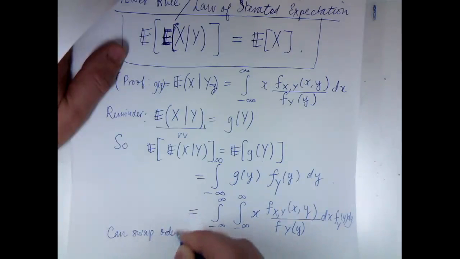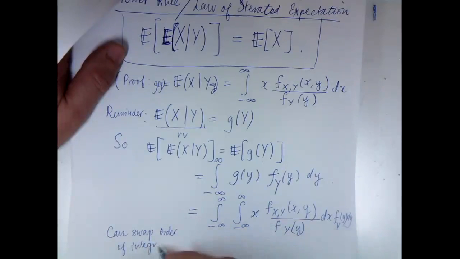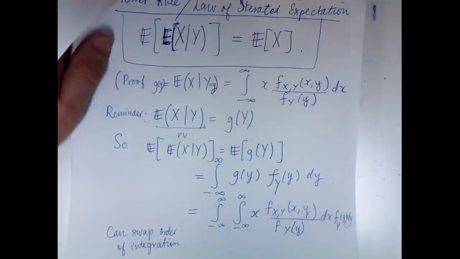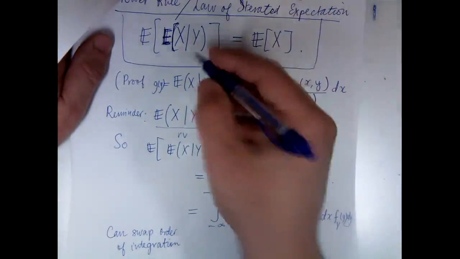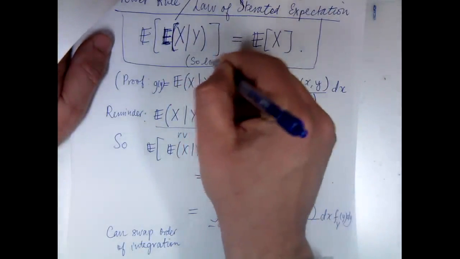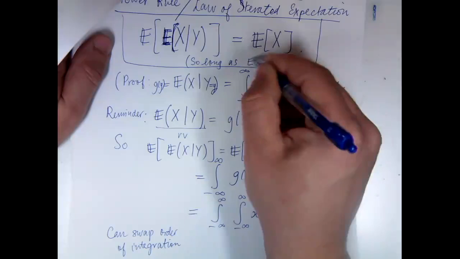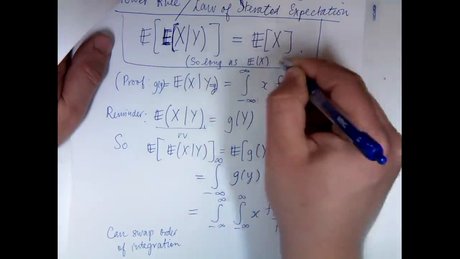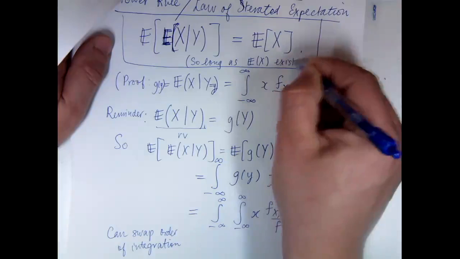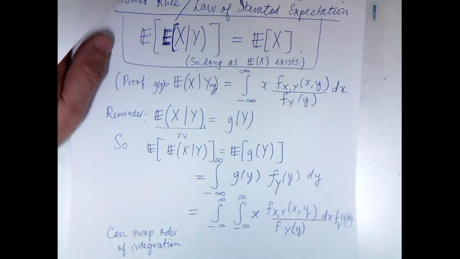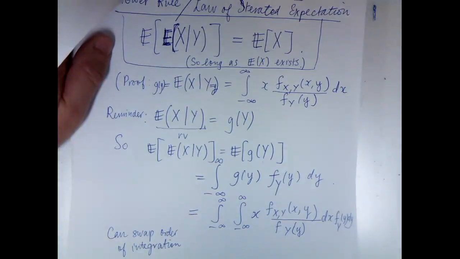Now, in general, this is something you have to worry about, especially because X can be positive or negative. I'll just say, in this case, it's true, so long as the expected value of X exists. So you remember, if that's a positive variable, it has to be less than infinity, and if it's positive and negative, then both the positive part has to be less than infinity and the negative part has to be greater than minus infinity.